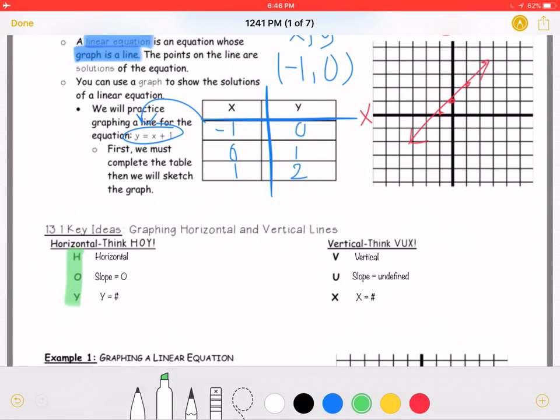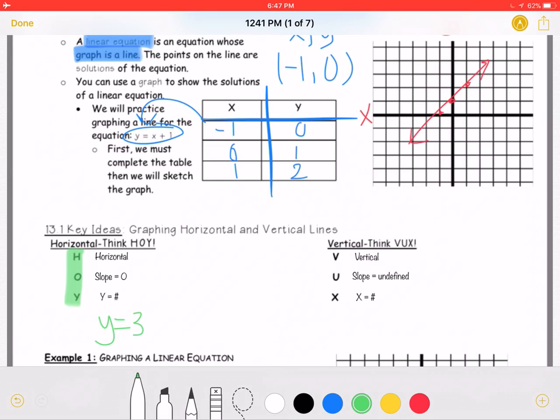And what does that mean? Well, the H stands for horizontal line. The O, or what you think is an O, is really a 0, meaning the slope is going to be 0. And then Y means that our equation is in y equals a number, any number. So you might see it as like y equals 3. If they ask you to graph that equation, you should automatically see that y and say, oh, well, there's no x.